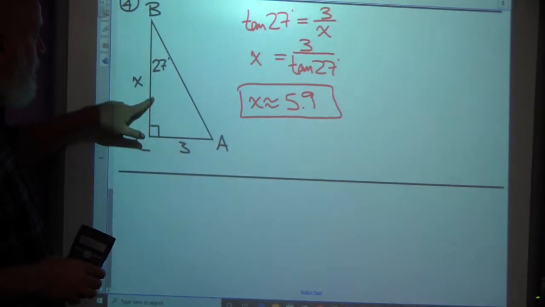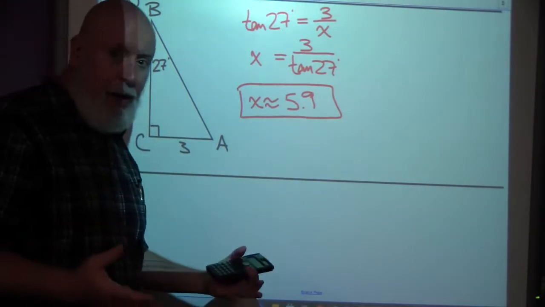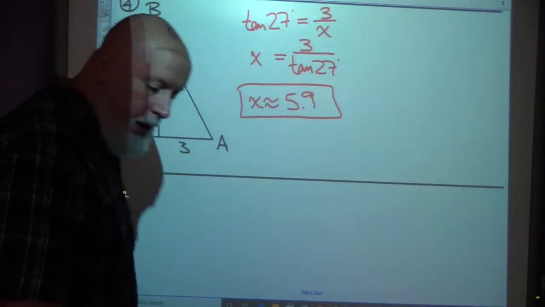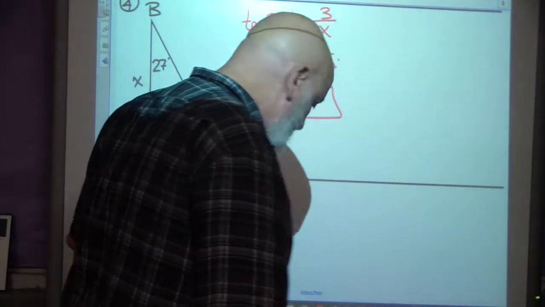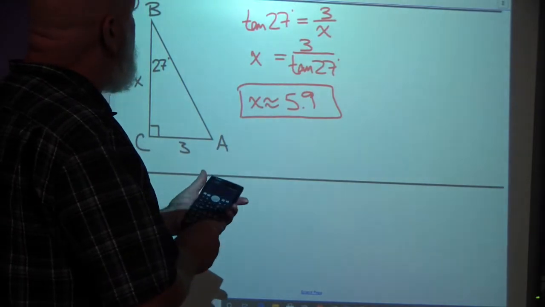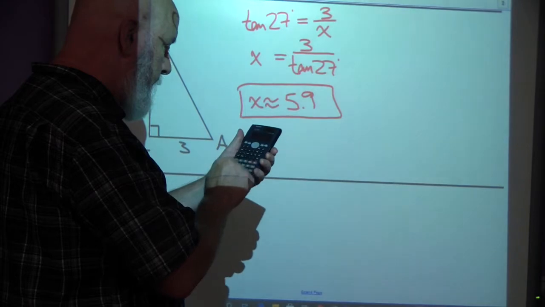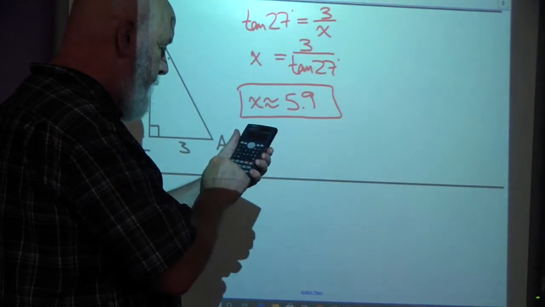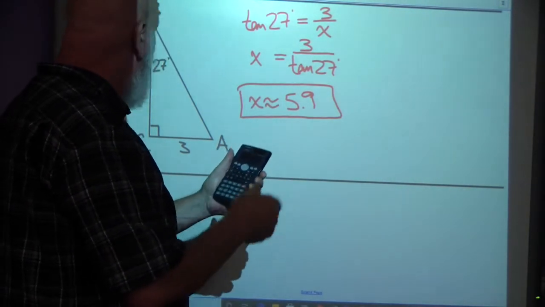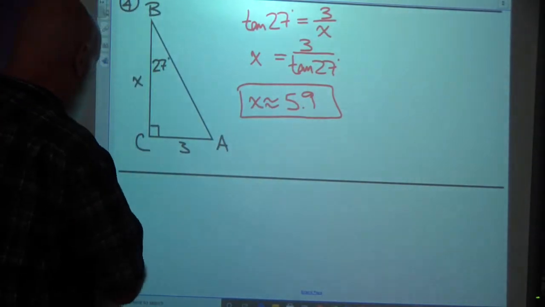If this is 3, this is about 5.9 if that's 27 degrees. Let me check real quick on my calculator: 3 divided by tan 27 equals 5.9-ish, and we chose to round it to the nearest tenth because that's what our instructions said.